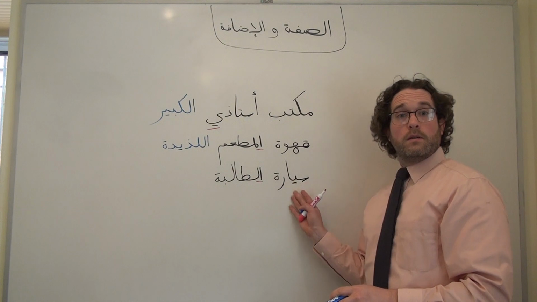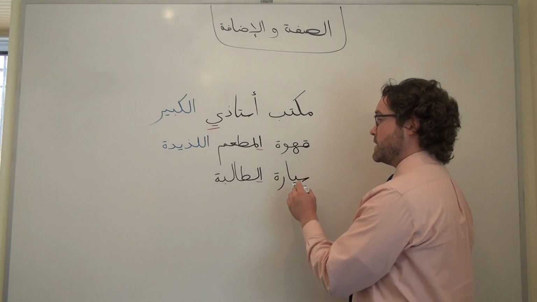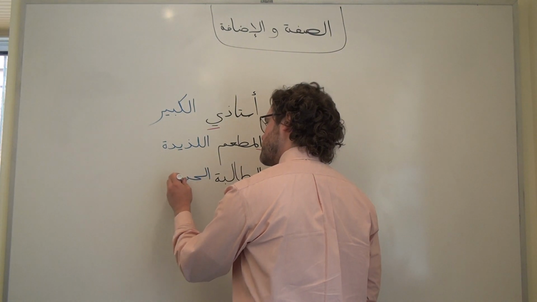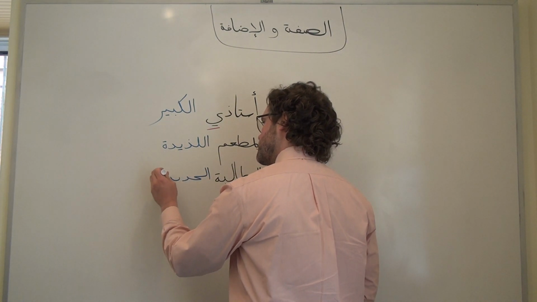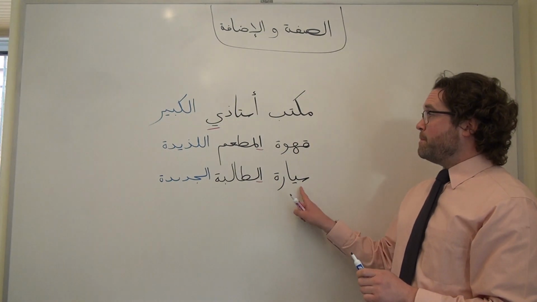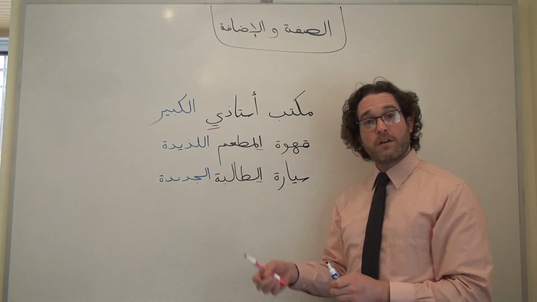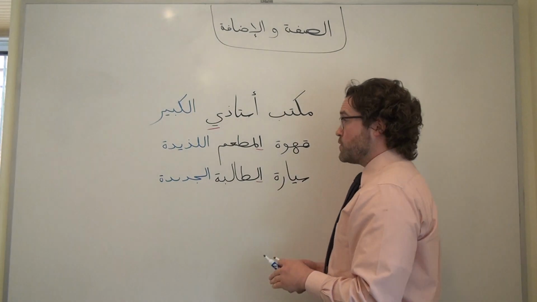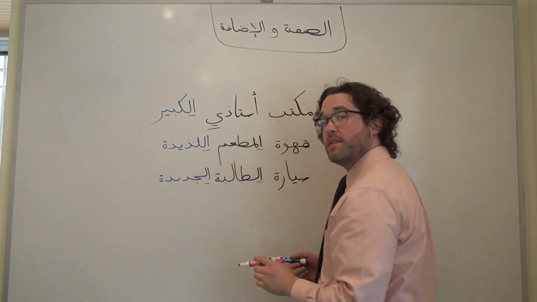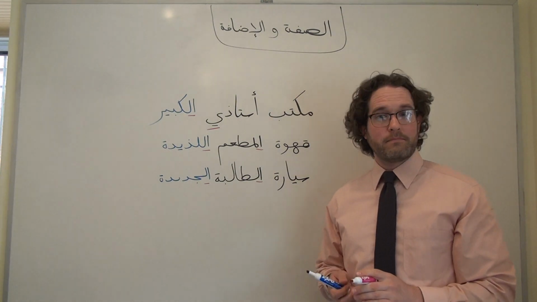Or the student's new car, سيارة الطالبة الجديدة. Remember again, these nouns technically, because they're part of an إضافة, are definite. So the adjectives describing these things have to be definite with alif lam as well.